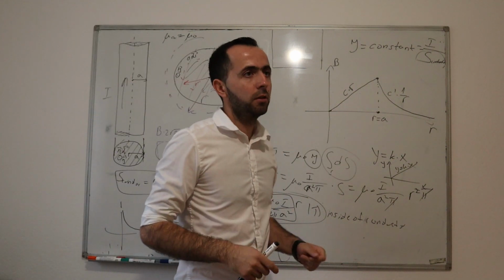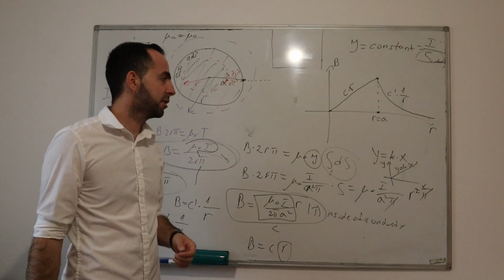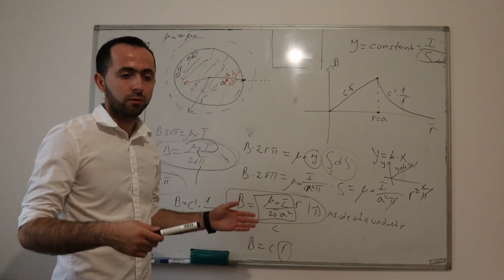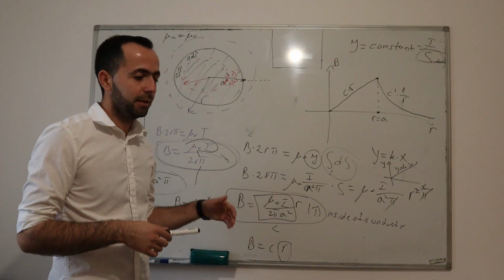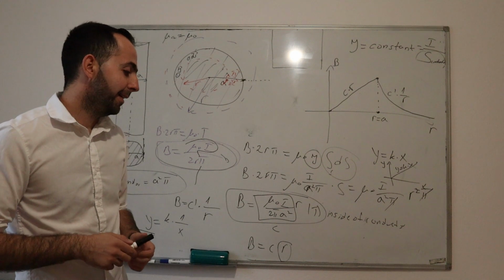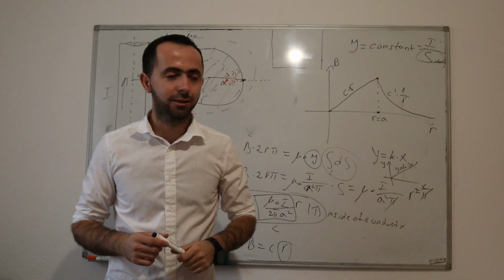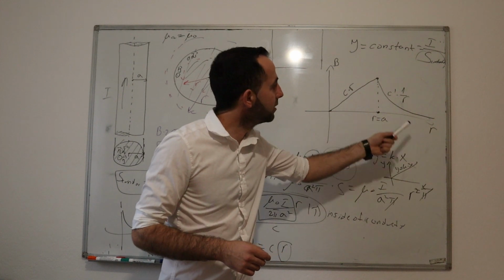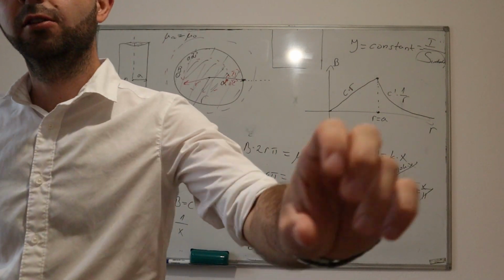Because of this, as we move away from a conductor, there are some standards which say those conductors must be at a certain distance from humans, but very thankfully the magnetic field changes with this law, it changes very fast. So thank you for watching this video, see you in the next video.